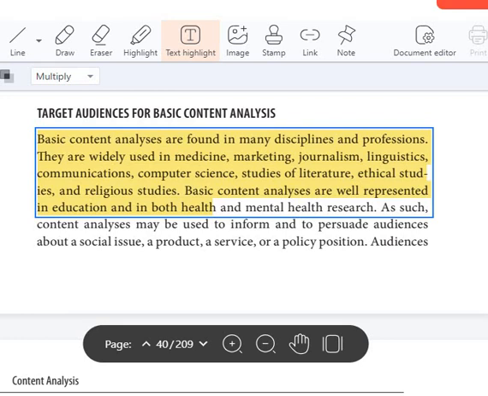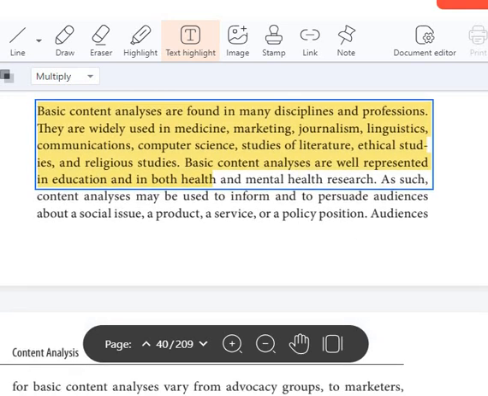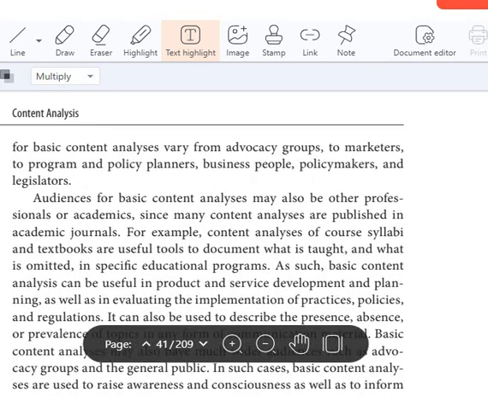So these analyses are well represented in education and in both health and mental health research. It can be used to persuade audiences about a social issue, product, service, or policy position. So we've got many fields here for basic content analysis, and they say here that it varies from advocacy groups to marketers to program and policy planners, business people, policymakers, and legislators.